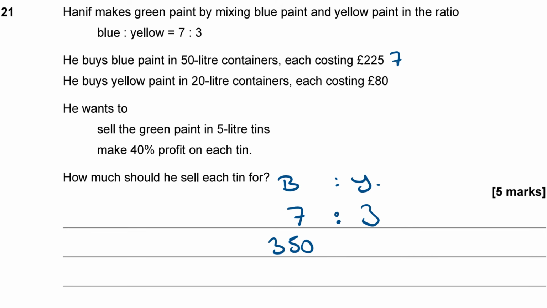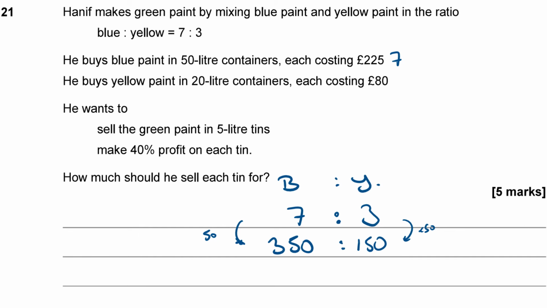Now, if I had 350 litres of blue paint, how much yellow paint would I need to go with it? So I've multiplied that up by 50, didn't I? So if I do the same on the other side, I'm going to need 150 litres of yellow paint for every 350 litres of blue paint.